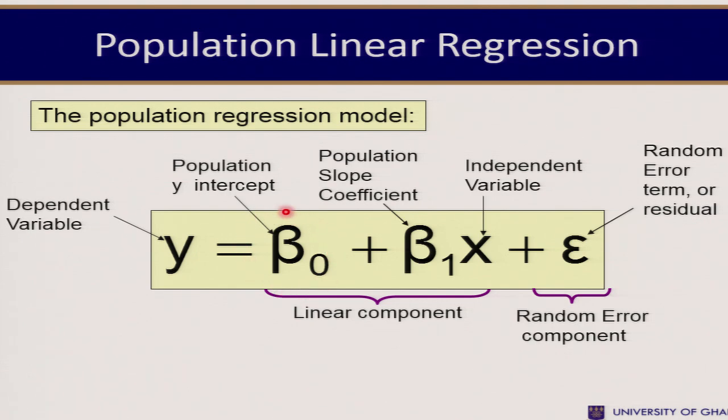We also have the population y-intercept, and then we have what we call the random residual, or the error term. Thus, our regression model is giving us y equals beta naught plus beta 1 x plus epsilon, also known as our error component.